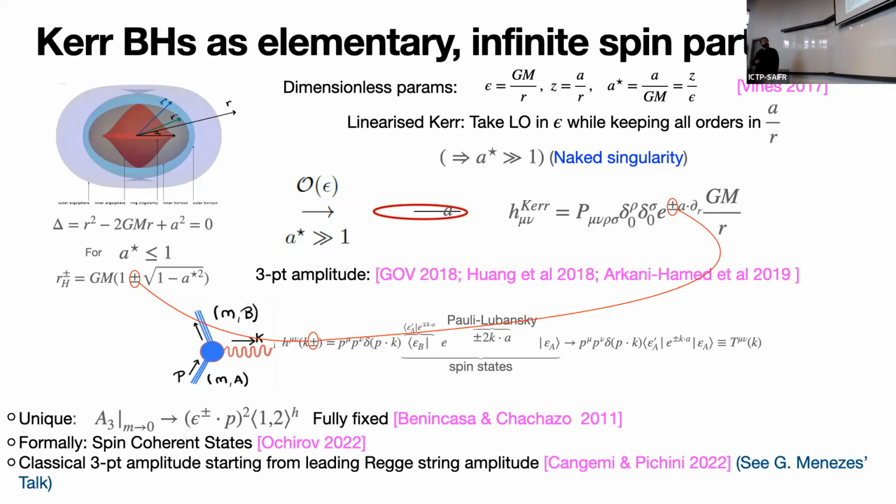It doesn't have any freedom, and the only requirement that you ask for is that the massive particle here is minimally coupled to gravity. Minimal coupling means basically that if you take the massless limit, you recover the massless amplitude, and this massless amplitude is fully constrained by Lorentz arguments.